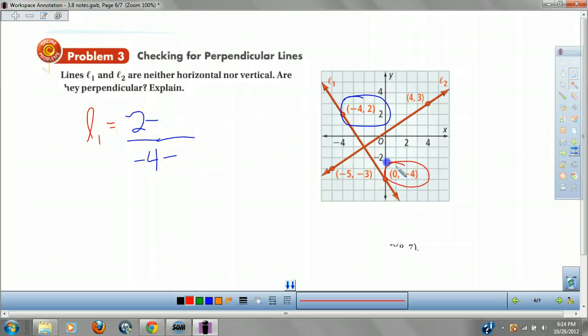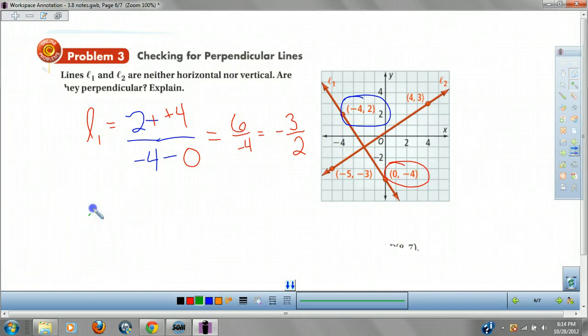I'm going to take the point 0, negative 4. I'm going to go 2 minus negative 4 over negative 4 minus 0. That becomes positive, so you get 6 over negative 4, which I'm going to reduce to get negative 3/2 as my slope of line L1.